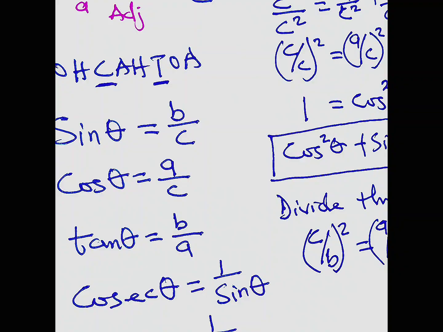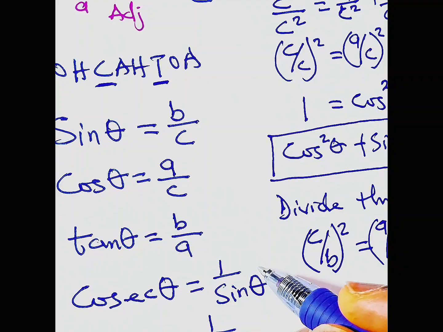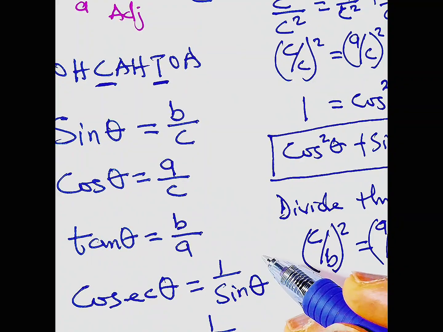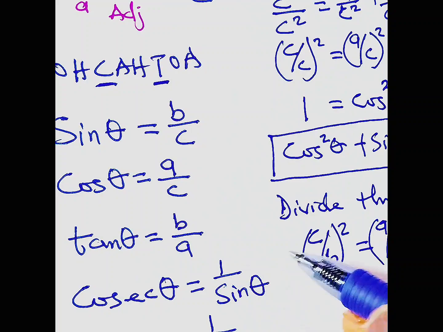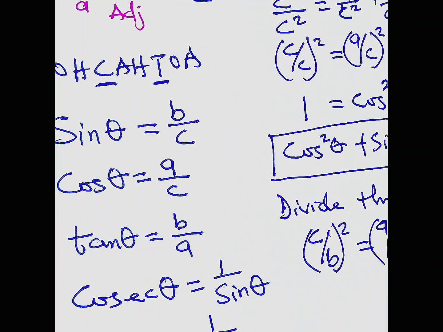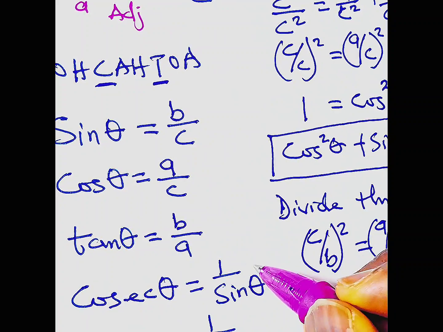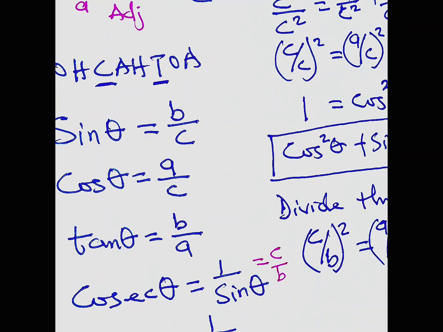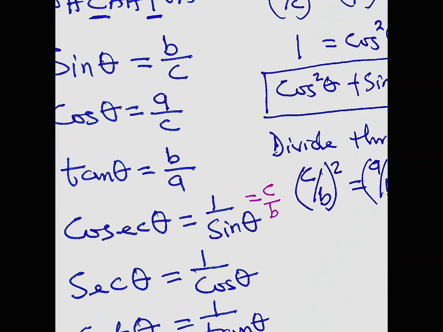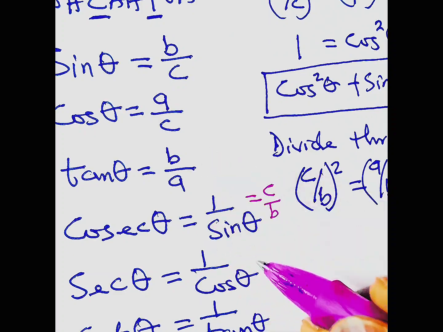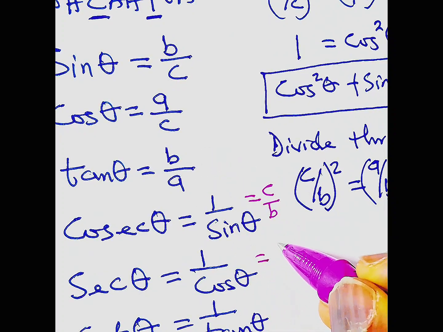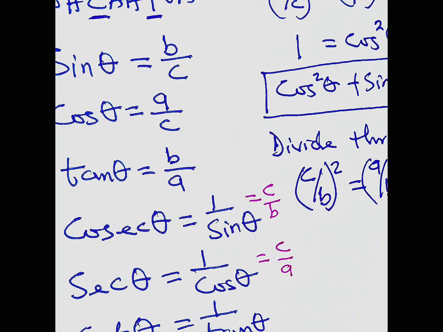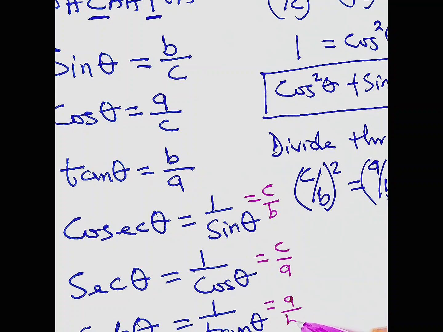If you look at sine theta here, this will be b over c, so this is going to be c over b. And sec theta, which is a over c, is going to be c over a. And cot theta, which is b over a, will be a over b.